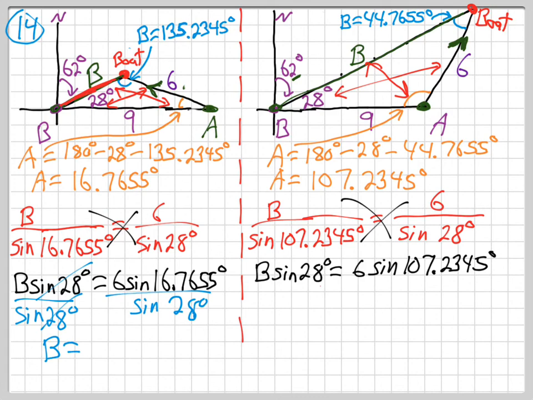So let's try that one. 6 sine 16.7655 divided by, make sure you're in degree mode, sine of 28, I'm getting 3.7. And the other one, divide by the sine of 28 degrees, cancels out, B equals, hit the buttons.